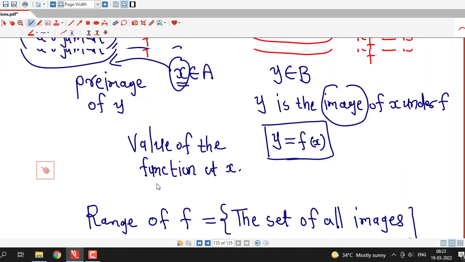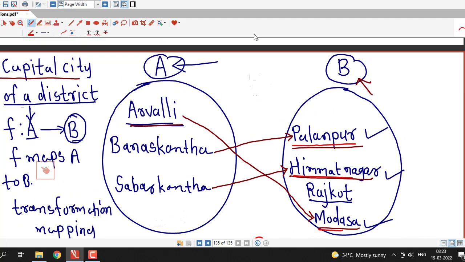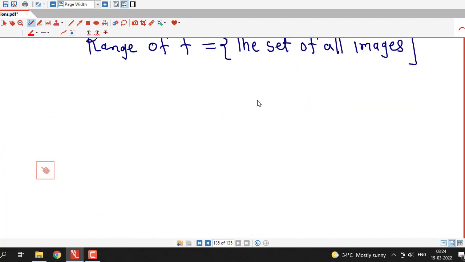It is not necessary that the sets we consider to define a function will be finite sets only. Here sets A and B are finite, but we can have infinite sets also, and we can define a function from an infinite set to an infinite set.